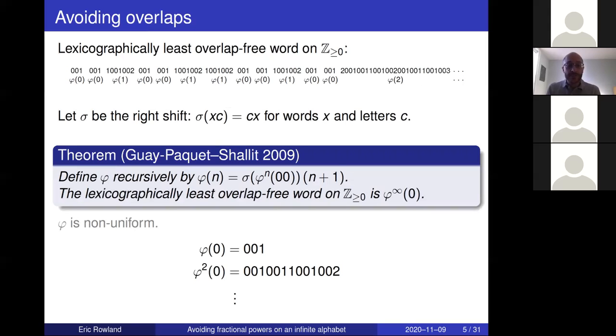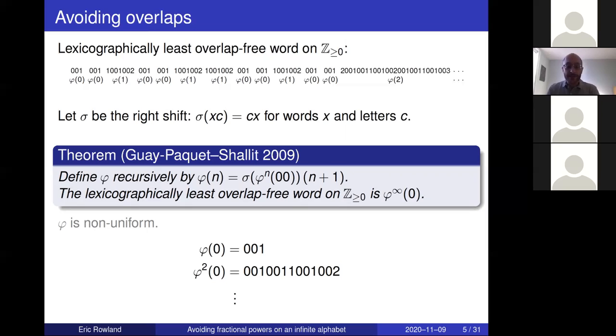We'll need the right shift map. This is just a function that takes finite words and moves the last letter, the rightmost letter, to the beginning. So sigma of xc is going to be cx, for words x and letters c.